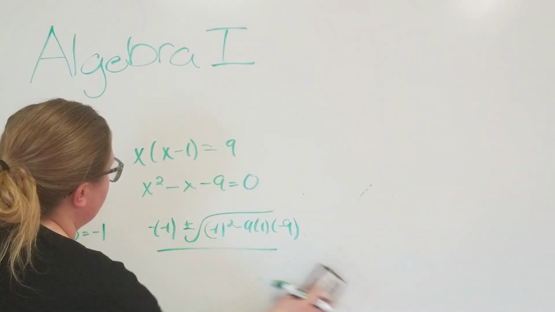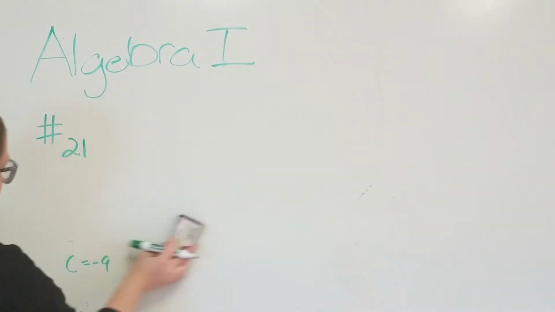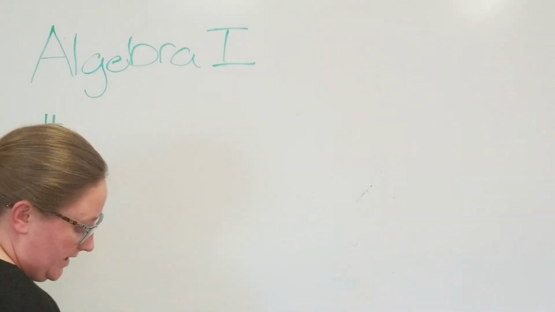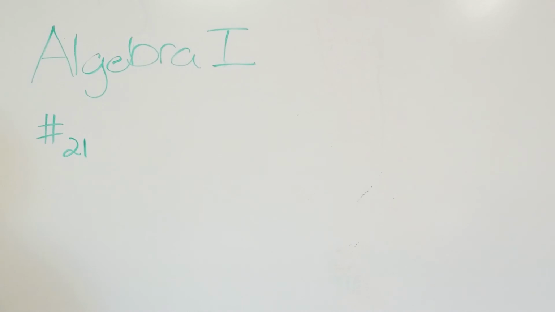So let's look at the last equation. The last equation says x squared minus 6x plus 9 equals 0. In this equation, that's a perfect square.